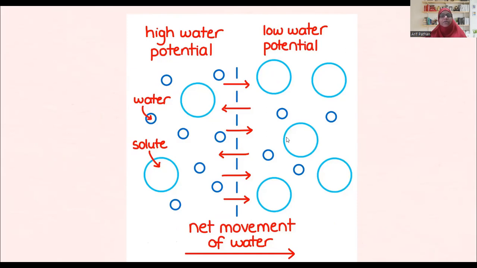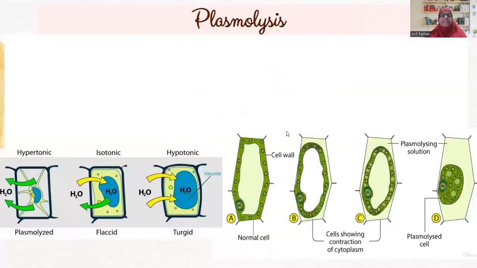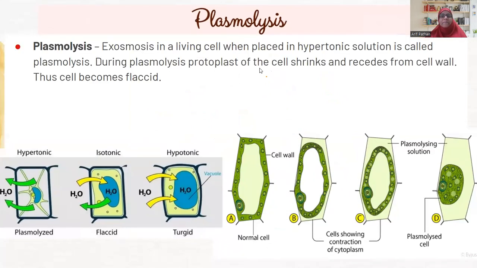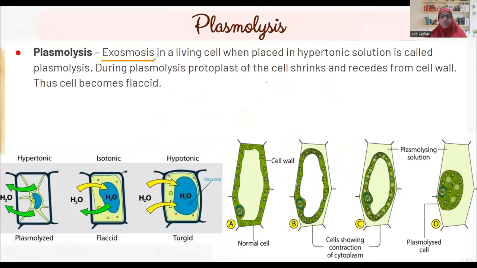And lastly, we move to the last terminology, that is plasmolysis. Very nice and short and simple topic. Lysis stands for breaking. Plasmo stands for the plasma membrane, or the protoplast basically. What happens in plasmolysis? Basically, it is in connection to exoosmosis.